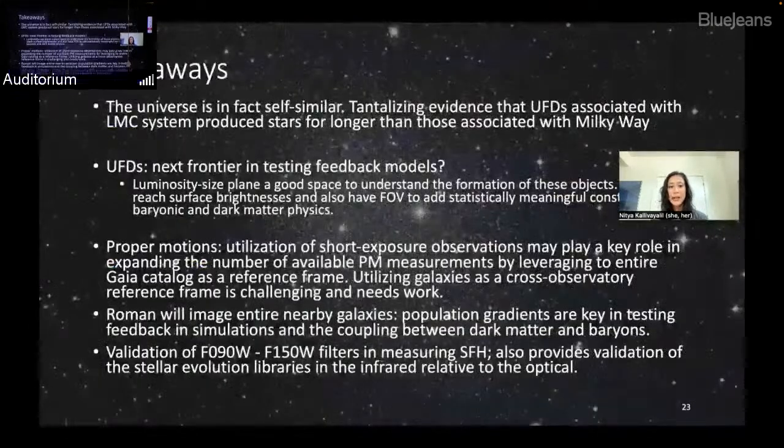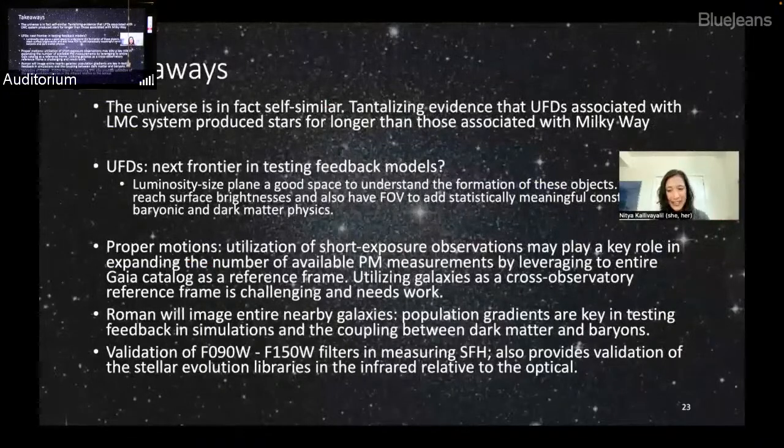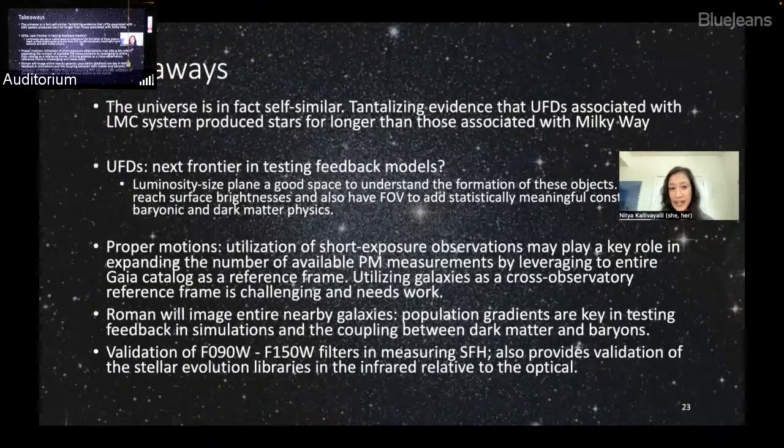But I will just end my talk here very quickly with these takeaways. The universe is in fact self-similar. We have found dwarf galaxies of dwarf galaxies. Ultra-faint dwarf galaxies, I think, are a promising frontier in testing feedback models, and that luminosity size plane is a good space to understand whether we are producing realistic dwarf galaxies, and this will really be enabled in a huge way with Roman.